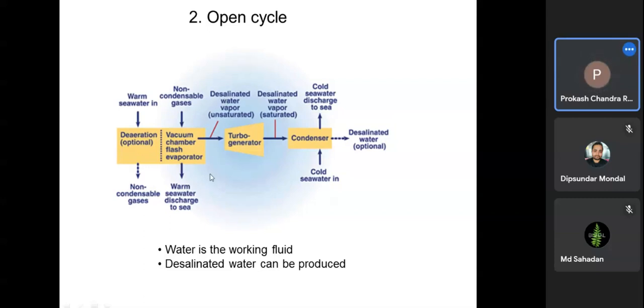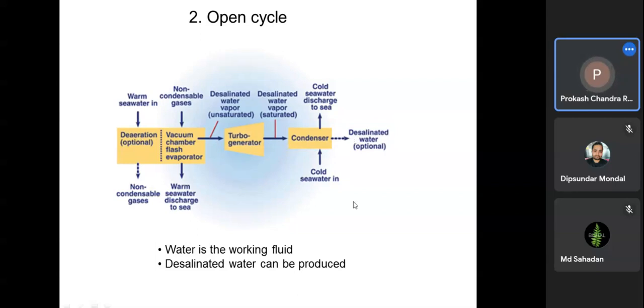That vapor flows through the turbo generator, and then it goes to the condenser. So you create the flow through the turbine, and finally it goes out.